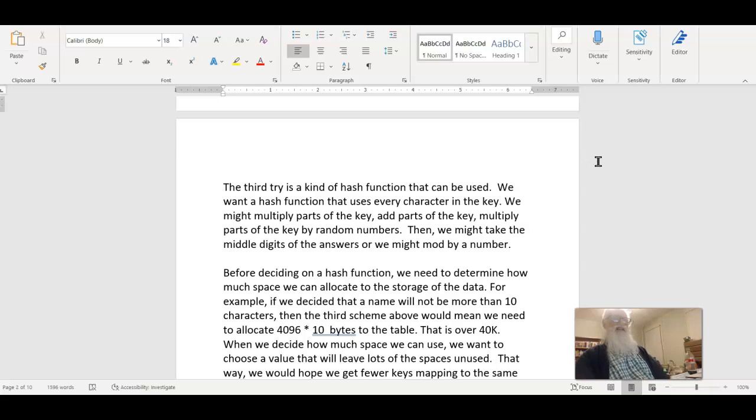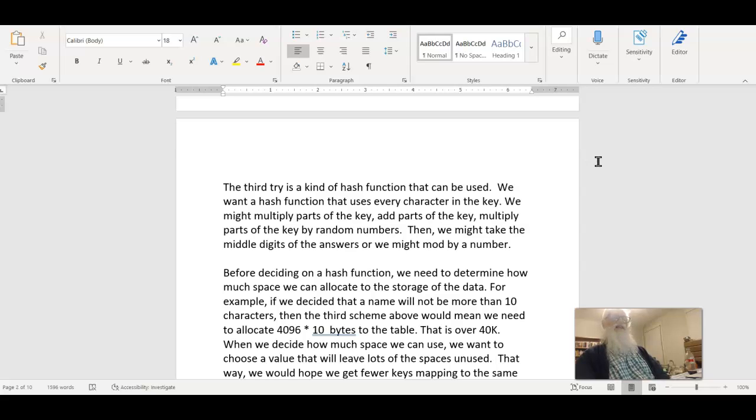Let's say that we decided that a name of a person, we wouldn't allow more than 10 characters. That would leave most people out, but that's okay. Then the third scheme would mean we need to allocate 10 bytes, because a character takes a byte, for 4096 places, which is over 40K. And we might even say we want a bigger place. We want to leave some of these empty.